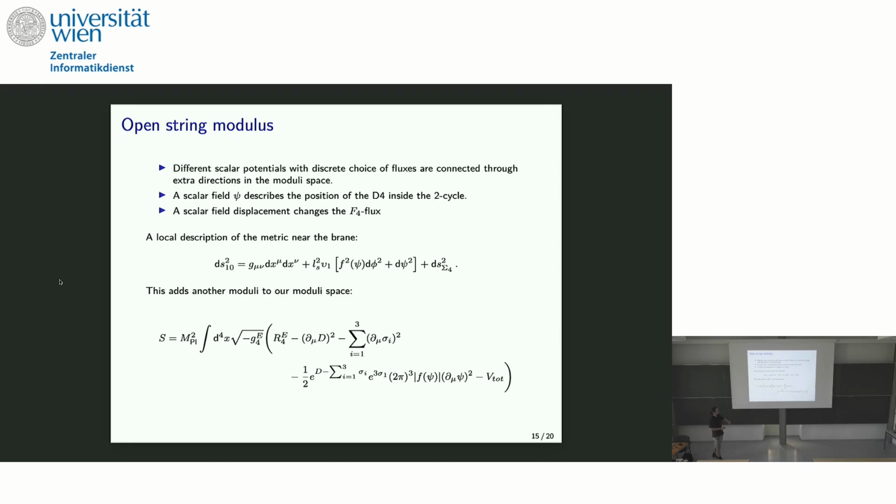If we do this, we can write down the metric near the brane. We can perform the pullback. We can find the DBI action. We can expand. And we see that in our EFT construction, we now have one extra modulus, which corresponds to the position inside this cycle. So we have extended our moduli space, and we force this modulus to move inside the 2-cycle and create and annihilate against itself.